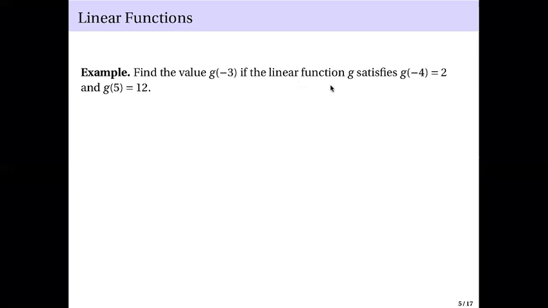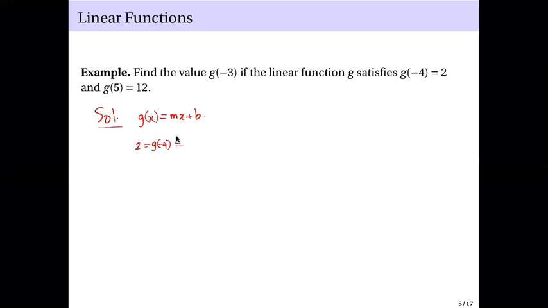Okay? Now, according to this, g is also a linear function. So just like before, your function g of x is of the form mx plus b. Hence, the solution will be very much similar to what we did in the previous example. So in here, we have g of negative 4, and according to this, it's equal to 2.